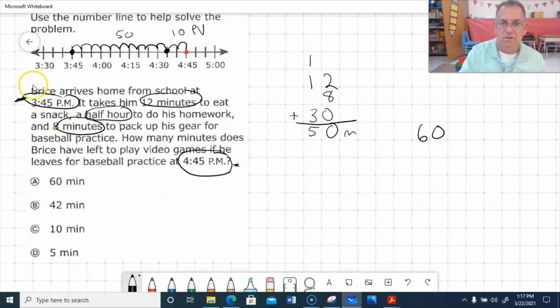And we already figured out that it took 50 minutes for the things he needs to do before he goes to practice. So that does look like there's 10 minutes right there that he would have to play video games. So that would be answer choice C.